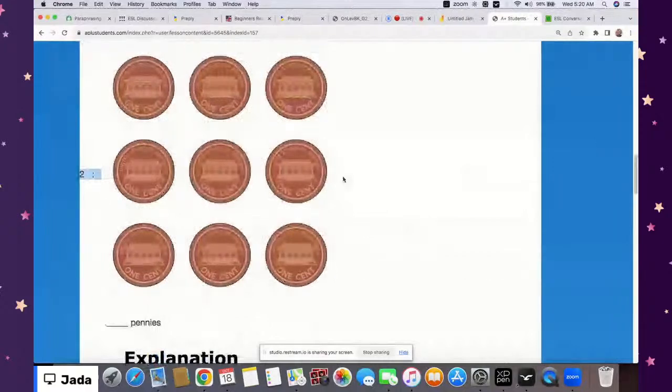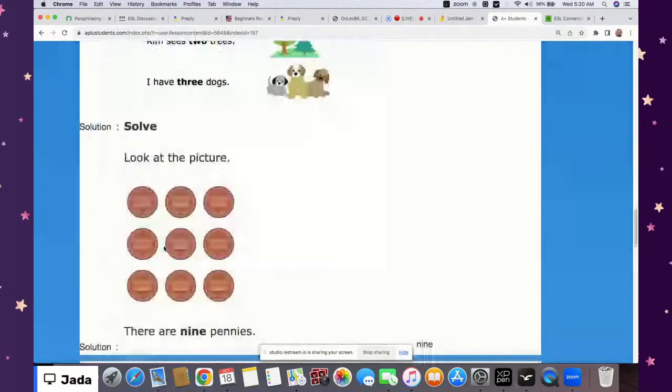Can you count and send your answers? 9. Okay, so we have 9 pennies, right? So that is what this adjective is telling us. This adjective is telling us how many. Okay, so how many can you see?